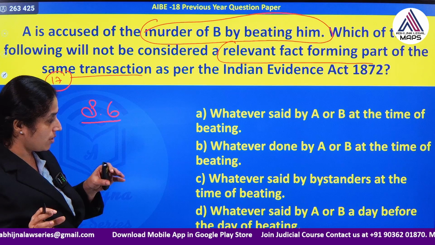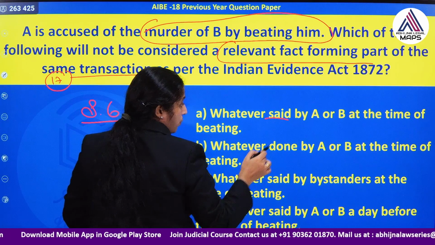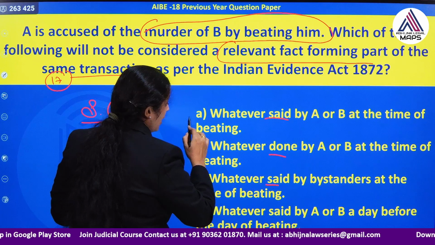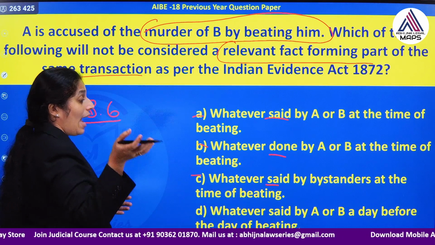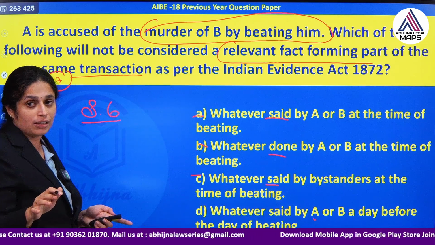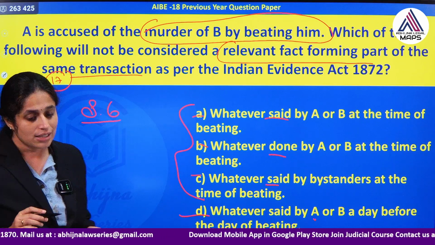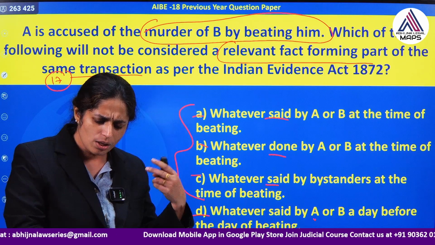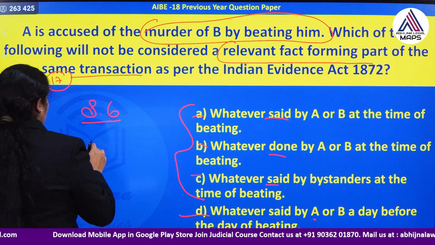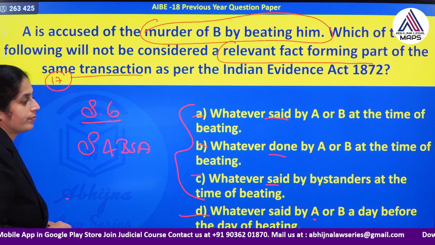Whatever A or B, the murderer and the victim, say or do, or whatever the bystanders who are looking at them say, they are relevant. But what A had said the earlier day or B had said the earlier day may not be relevant. D is the answer, as per the illustration given under section 6 of the Indian Evidence Act. We also have the corresponding section, section 4, in the Bharatiya Sakshya Adhiniyam.